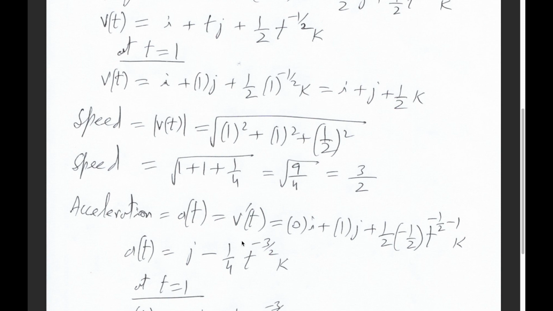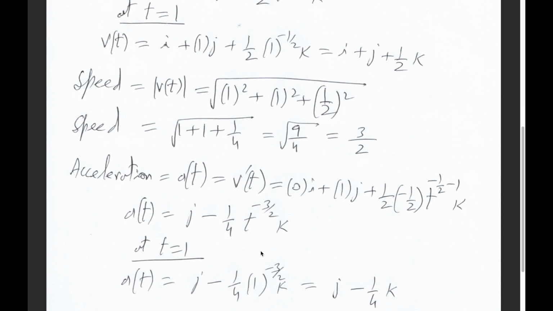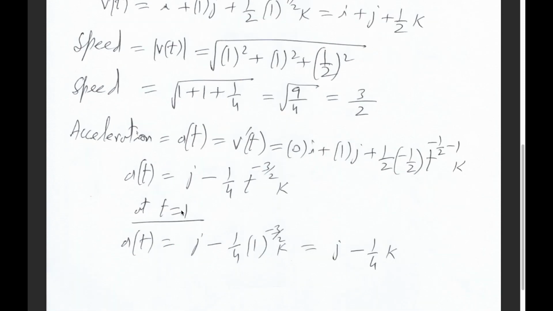So your acceleration is, if you simplify this, 0 multiplied by this i, so this will be 0. So no need to write it, we only write j. And minus, so 1 by 2 multiplied with 1 by 2, minus into plus, so this will be minus, come outside. So 1 by 2 times 1 by 2 will be 1 by 4, and t raised to power minus 1 by 2 minus 1. If you add this, minus 1 by 2 minus 1, this will be minus 3 by 2. And now you can put the value of t equal to 1.